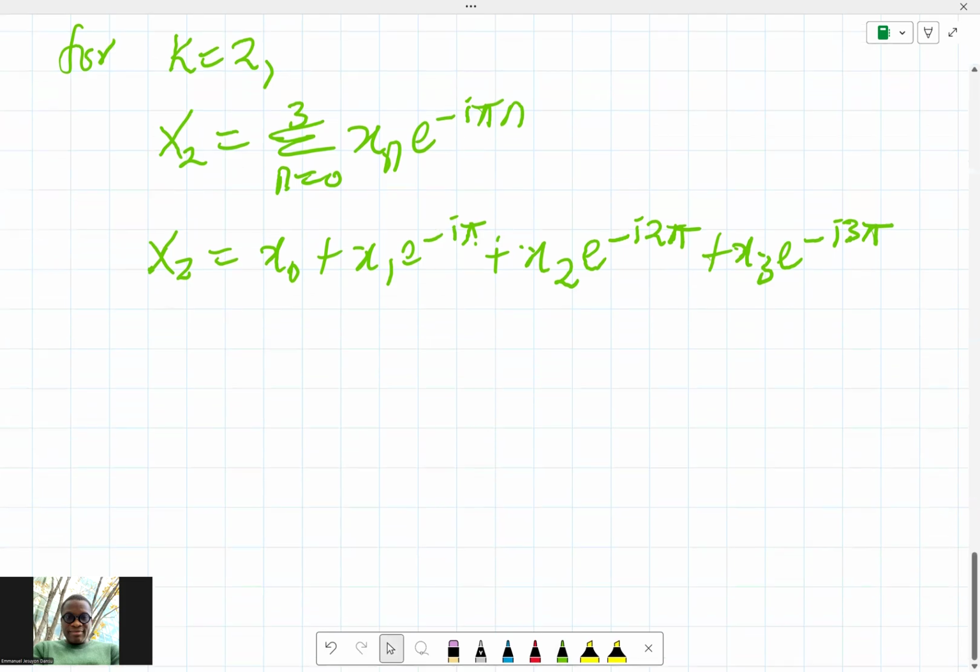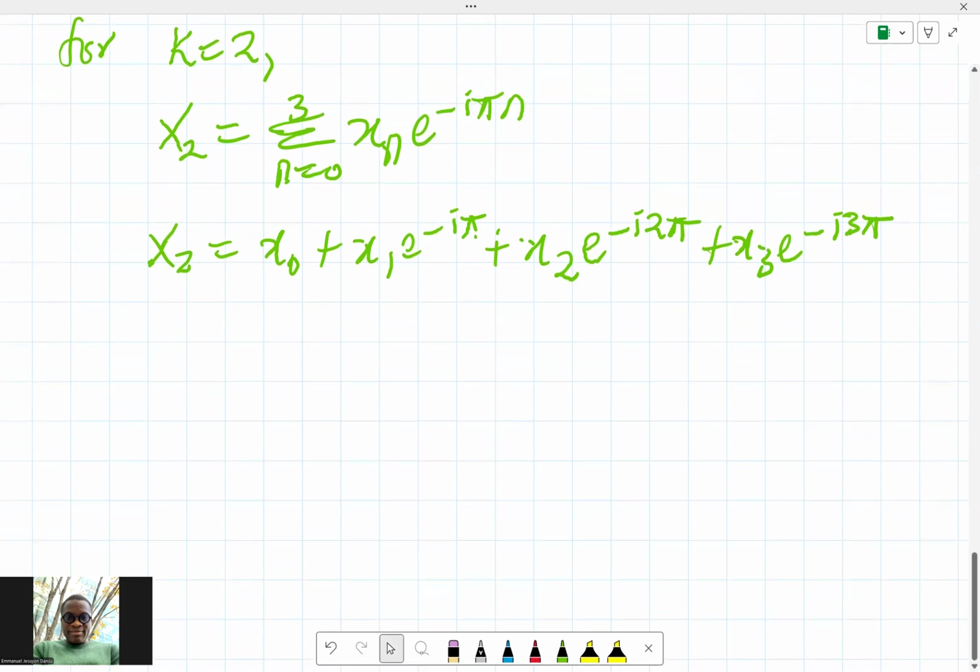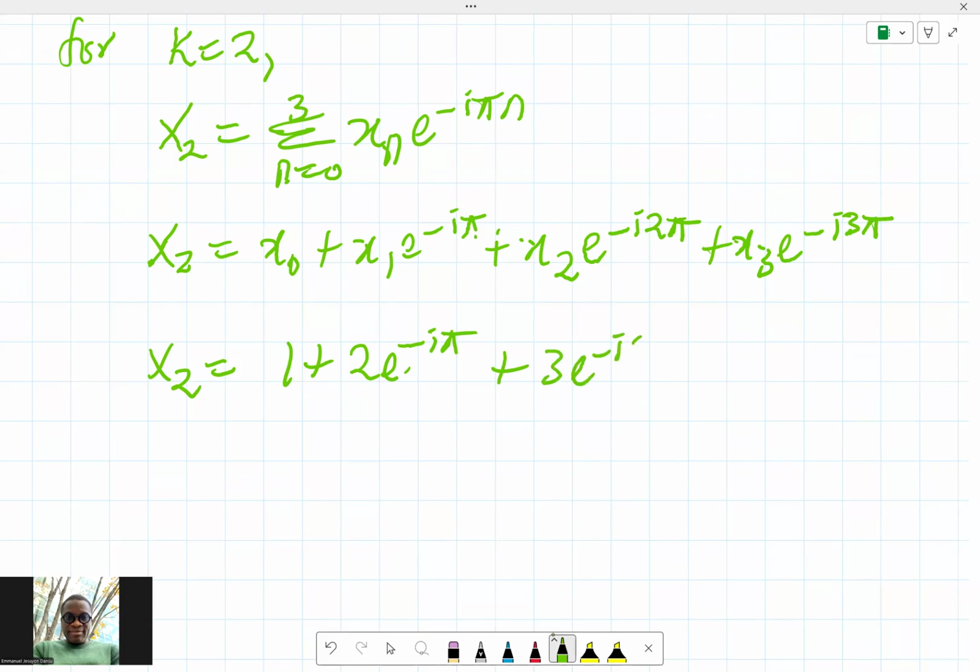Okay, so I won't do this explicitly too much any longer. At the end of the day, if you tidy up, that's 1 plus 2 e raised power minus i pi plus 3 e raised power minus i 2 pi plus 4 e raised power minus i 3 pi.